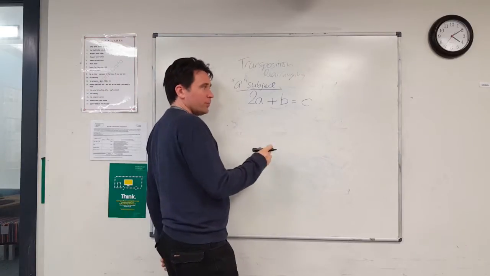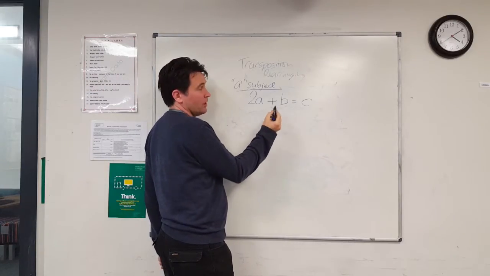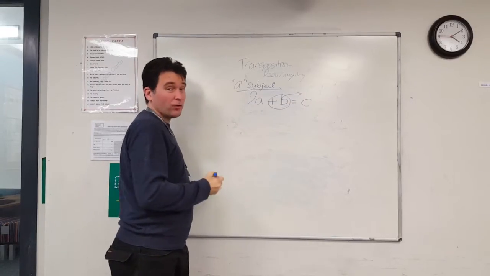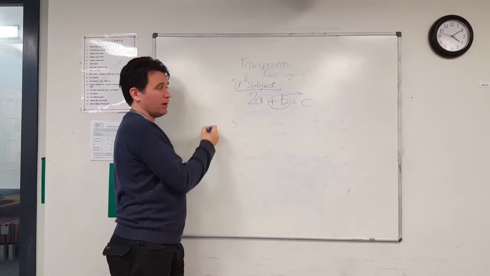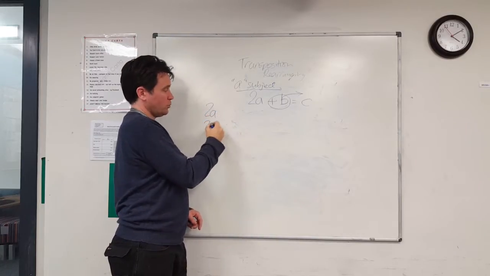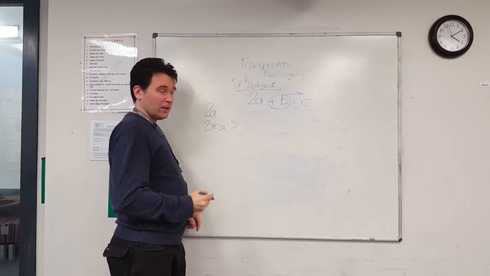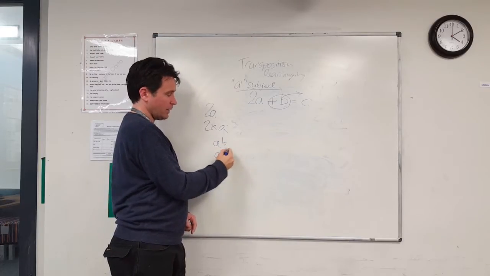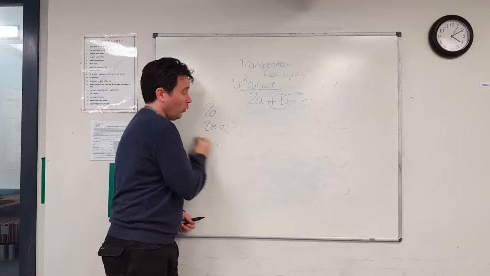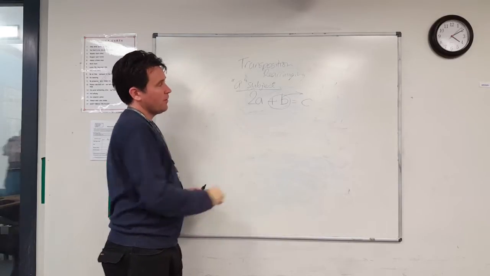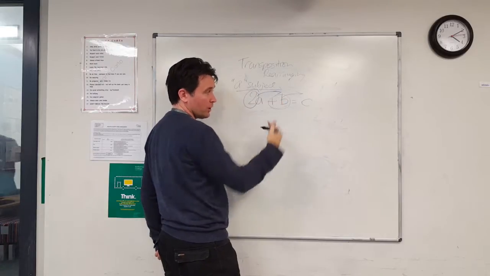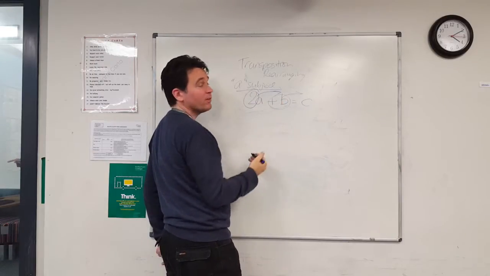Well, the easiest term to get rid of, the weakest term if you like, is this plus B. And 2A, you should already know this, but whenever you see things together, mathematicians can't even be bothered to write a times sign. 2A is the same as 2 times A. So when you see things like AB, it means A times B. So it's no wonder algebra's prevalent. So we'll get rid of the plus B, and then we'll get rid of this 2. So we're going to have to do 2 stages to this equation to solve it.